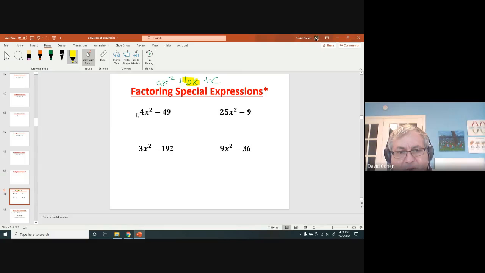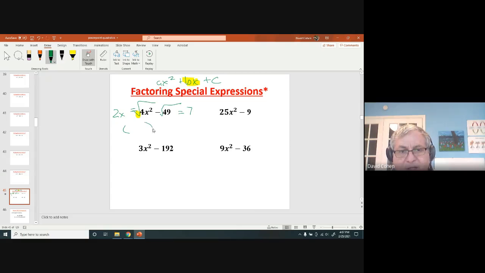So we're going to try to look to see if we can find two perfect squares. Here we take the square root of each of these values by themselves, and the square root of 4x squared is 2x, because 2x times itself is 4x squared. The square root of 49, you may remember from middle school, is 7 times 7.